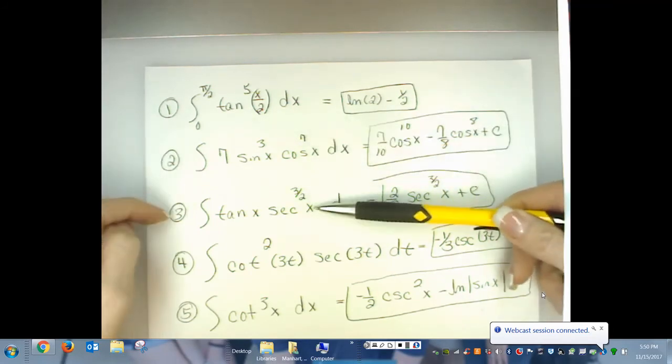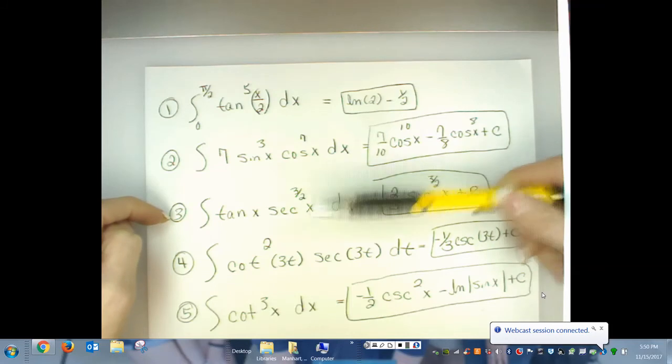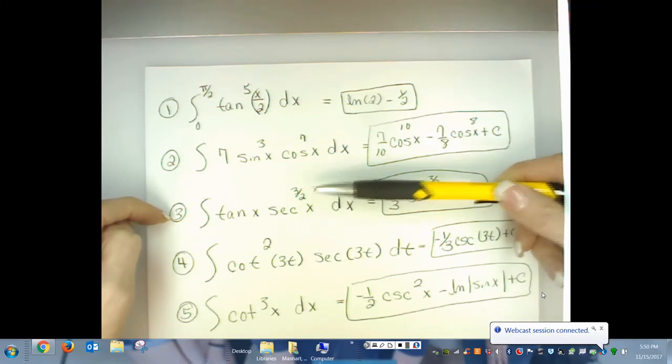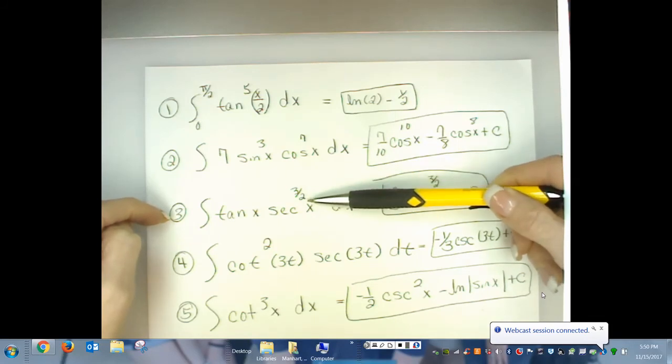For number 3, tangent times secant, the exponent with secant is 3/2. In order to use the table, the exponents have to be positive integers. So we are going to use an alternative method to solve this problem, Roman numeral number 5.